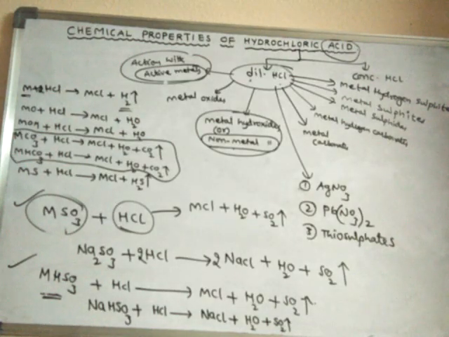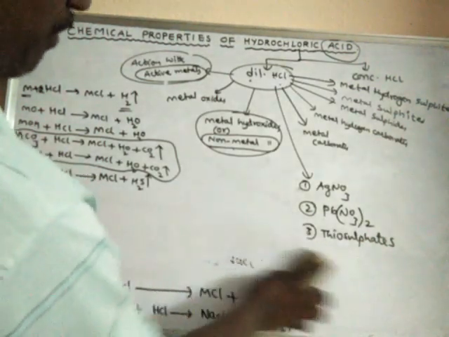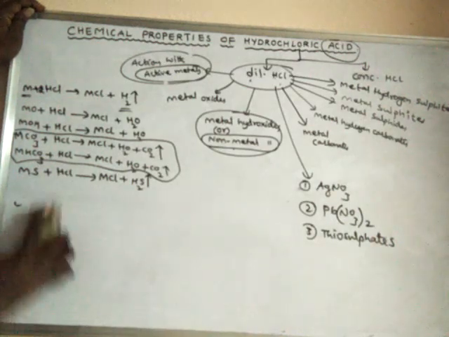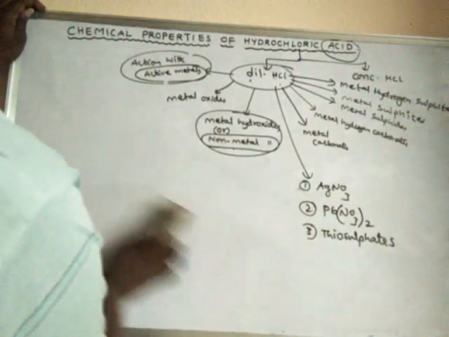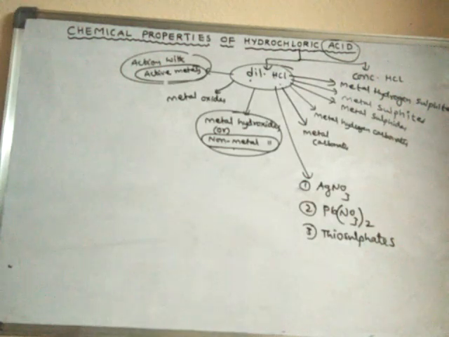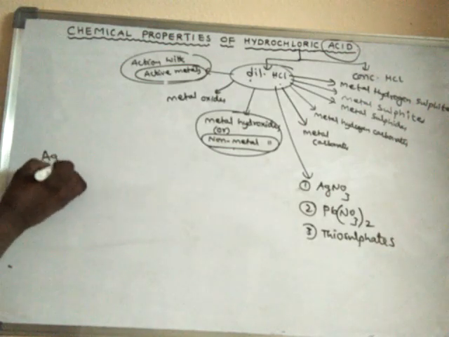Okay, so in this way we can discuss the reaction of metal hydrogen sulfites with dilute hydrochloric acid. Now we will discuss silver nitrate.